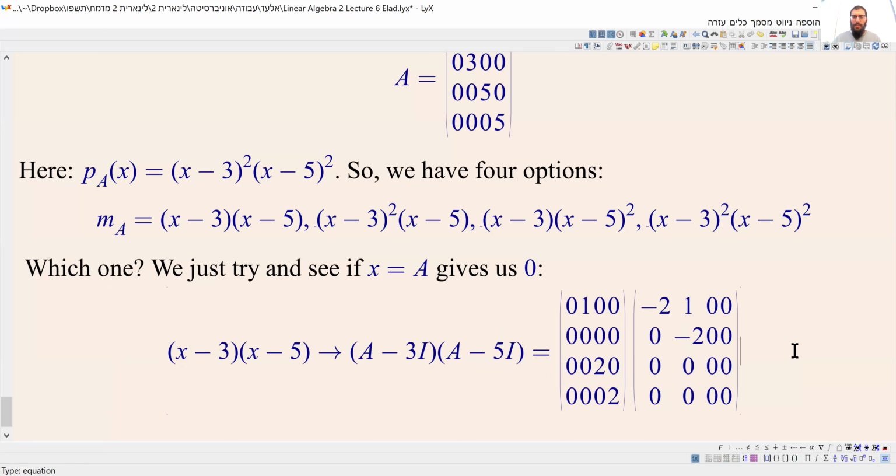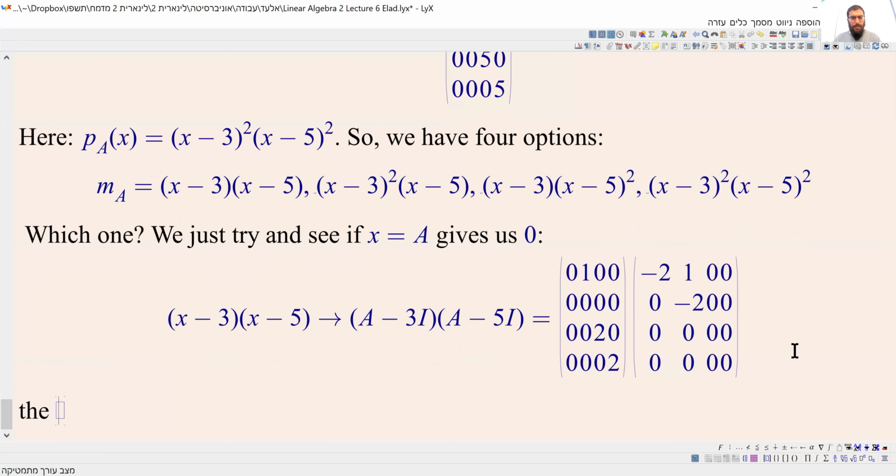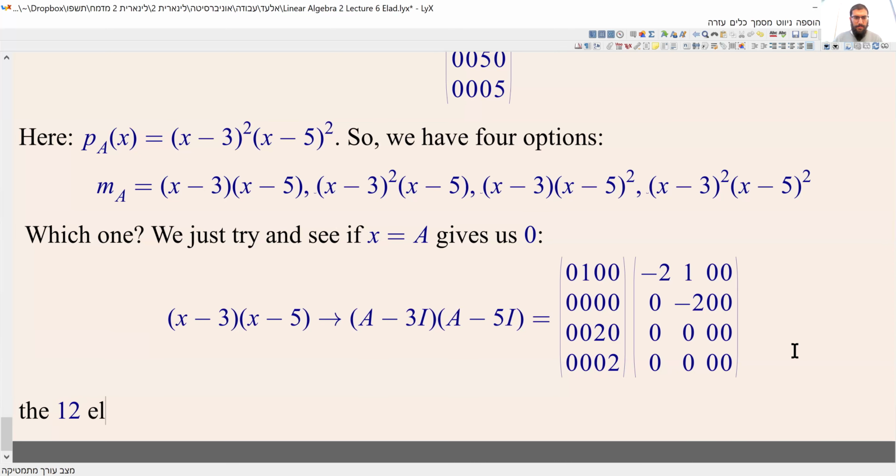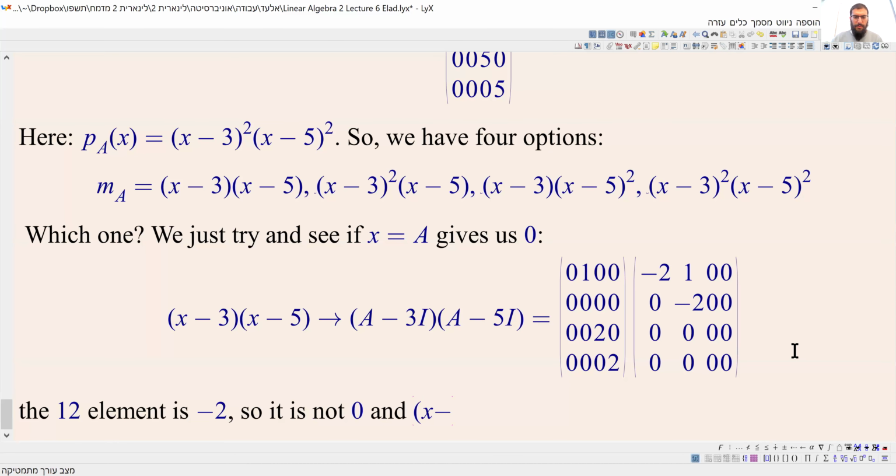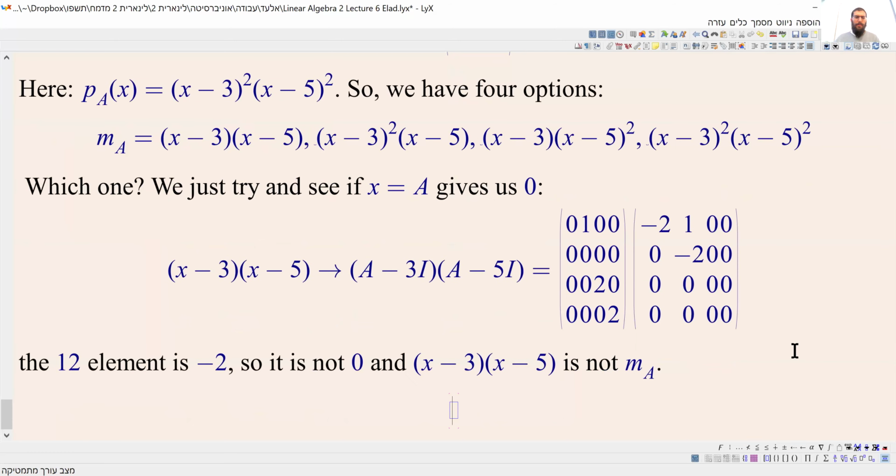The 1, 2 element is minus 2. So it is not 0, and x minus 3, x minus 5 is not the minimal polynomial. For the other option, now let's take the correct one.